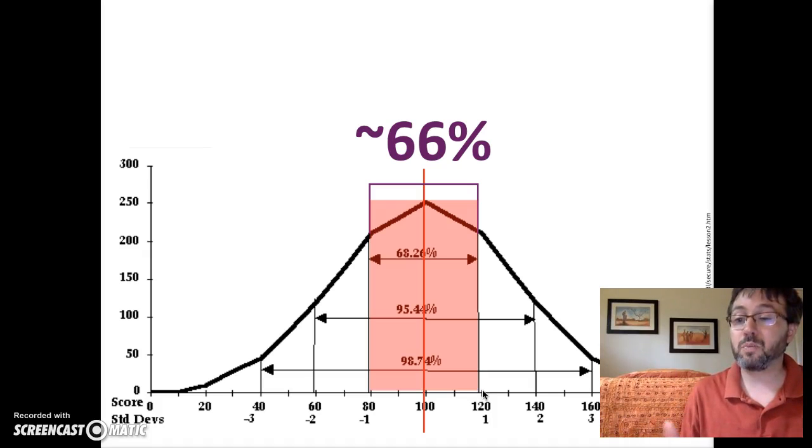A standard deviation is approximately 33% of the observations above and 33% of the observations below the mean value. So all of the observations within this portion of our graph represent 66% of all observations. That's one standard deviation from the mean.